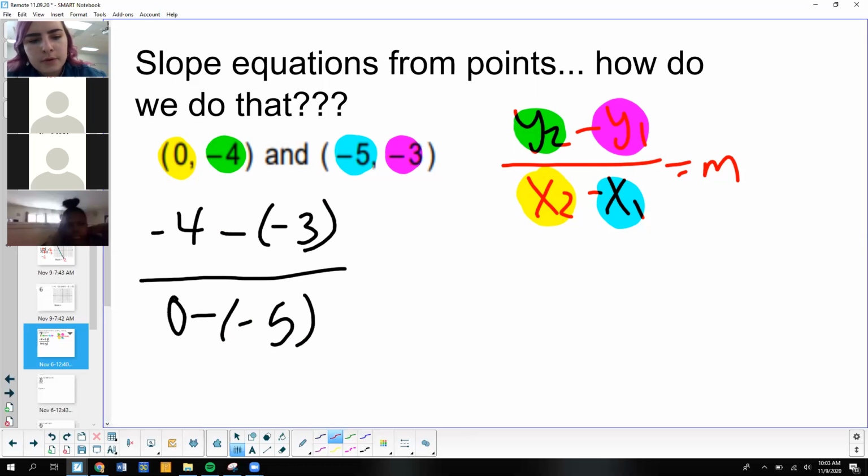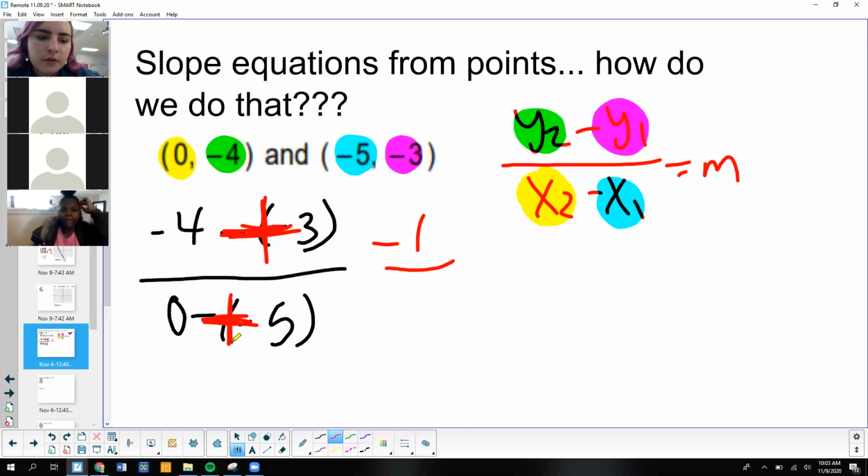Well, remember, subtracting a negative is the same thing as adding. So -4 plus 3 gives us -1. And then 0 minus a -5 is 0 plus 5, which gives us +5.